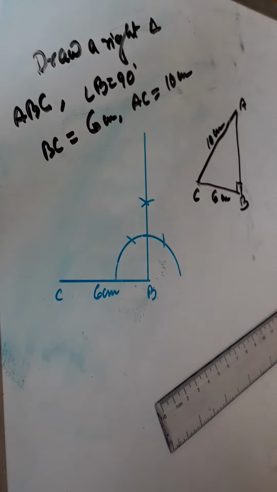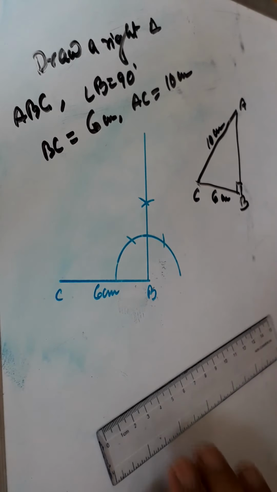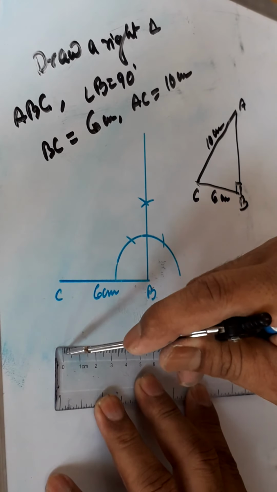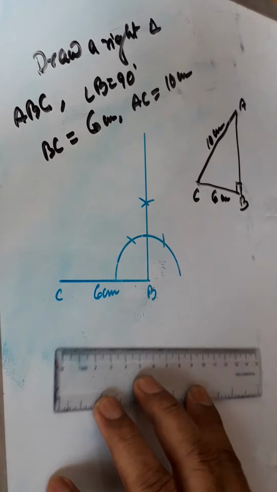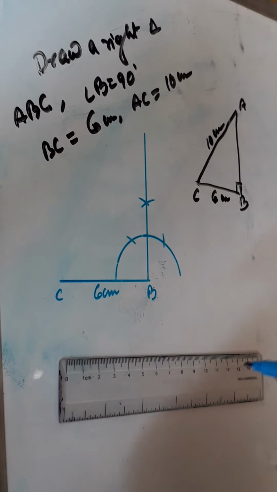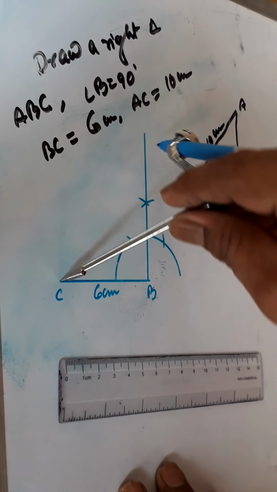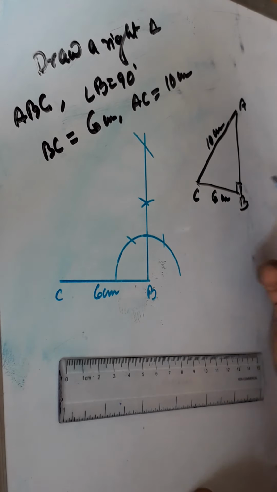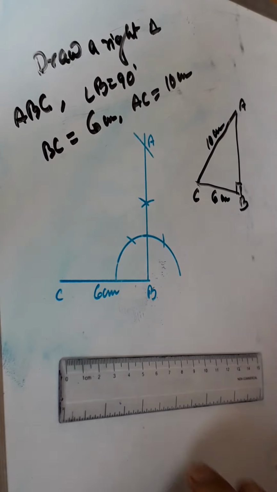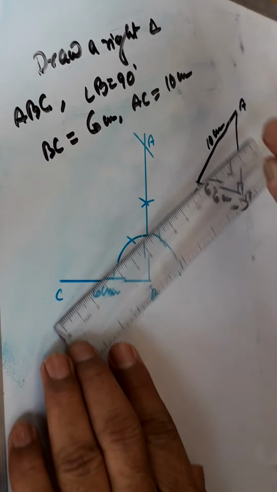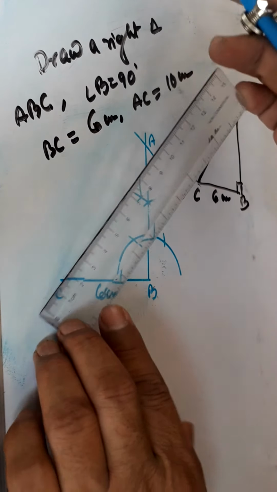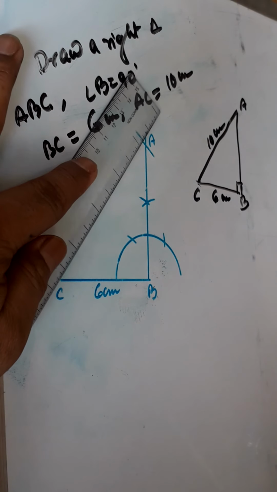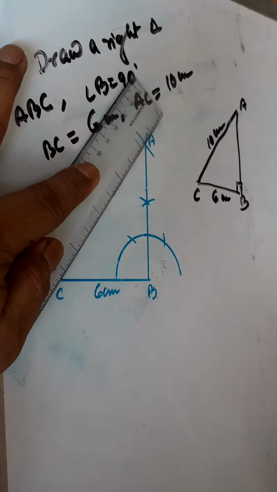Now with point C, we will take a radius of 10 centimeter and draw an arc like this. This point will be A. Now we will join AC.